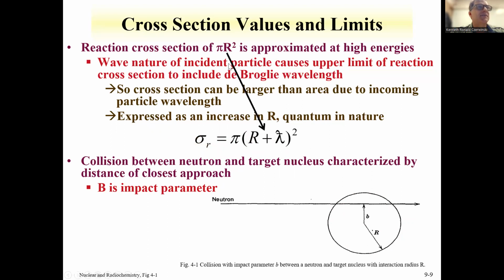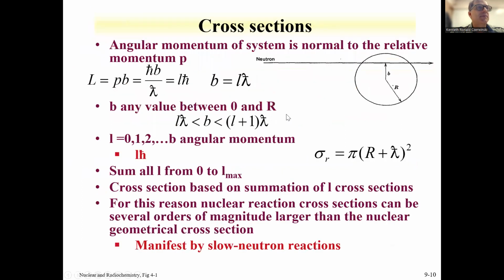It's the wave nature, the upper limit of the reaction cross section, which includes the de Broglie wavelengths. And these are just the angular momenta that I need to consider. The cross section is based upon the summation of all the angular momentum potential cross sections.